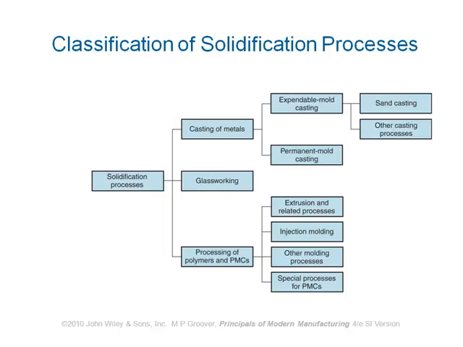Indeed, in expendable mold castings, some sort of materials are used which cannot be reused, and they should be inexpensive. Like what? The material which is used in order to make the mold in expendable mold casting. The most common material which is used in order to make the mold is sand, silica sand.